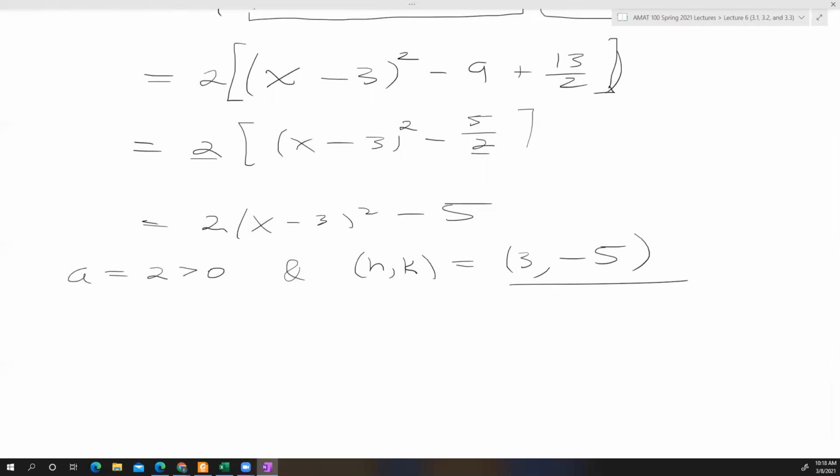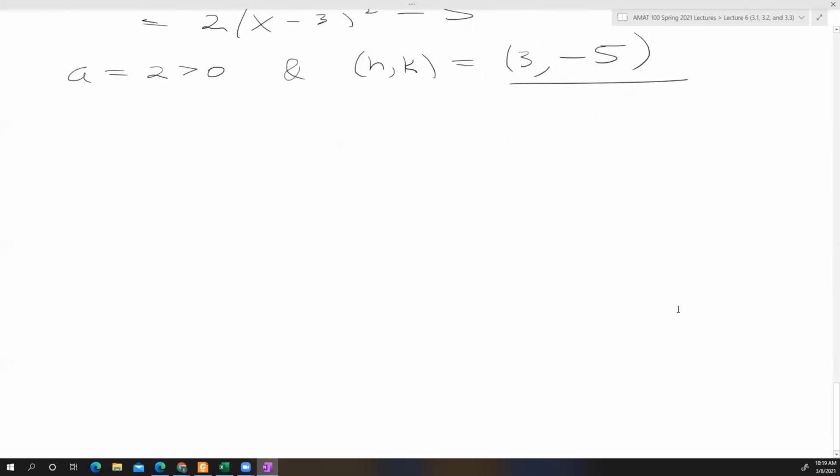So the next step is to find the x and y intercepts. The x-intercept is found by setting the function equal to 0. So we set 2 times (x minus 3) squared minus 5 equal to 0.